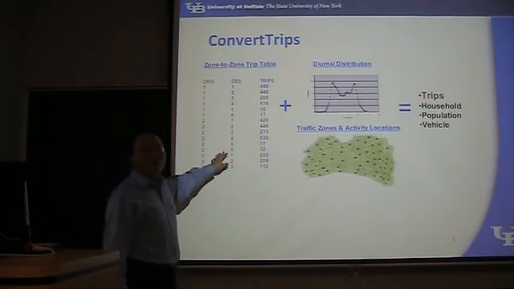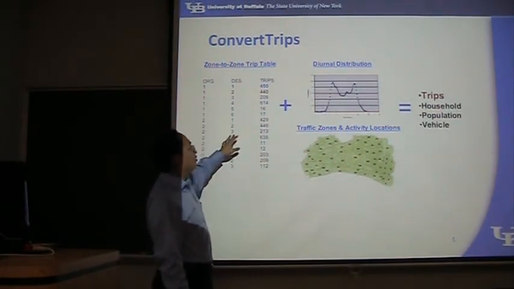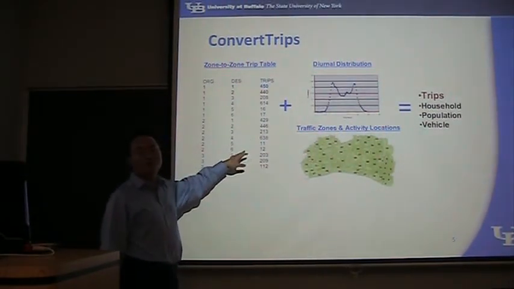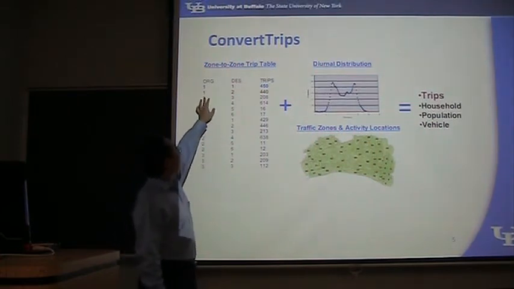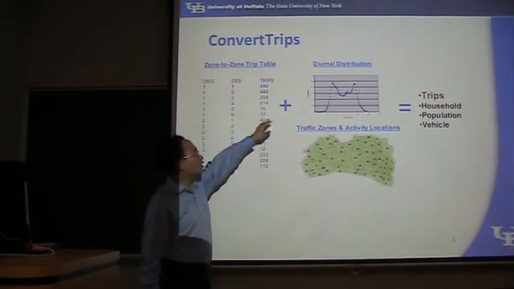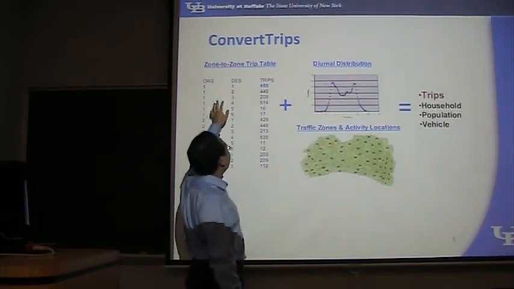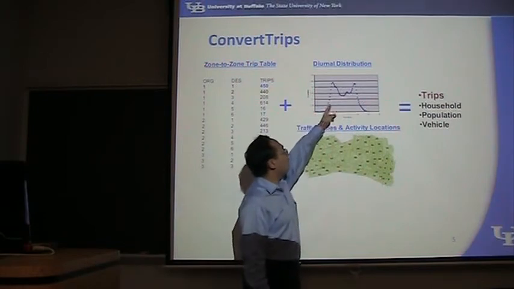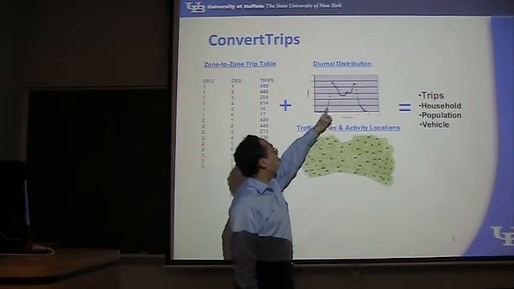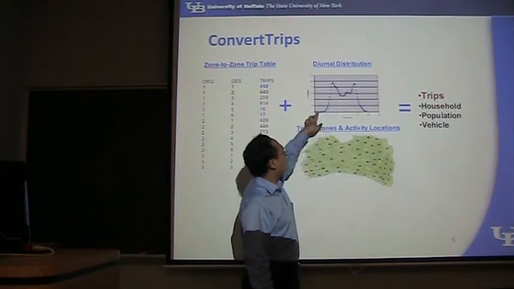The first is the OD matrix, a zone-to-zone trip table. The second is the time distribution of each OD matrix. For example, here we have from zone 1 to zone 2, 440 trips. And this curve defines the probability that a trip starts at a certain time. For example, a trip is more likely to start at this time than that time.